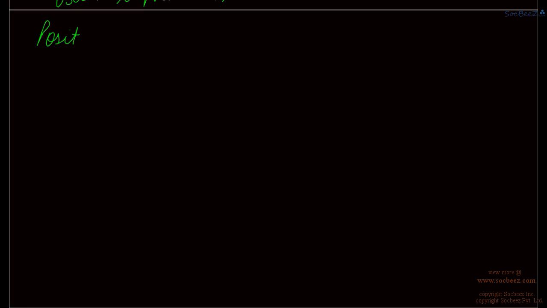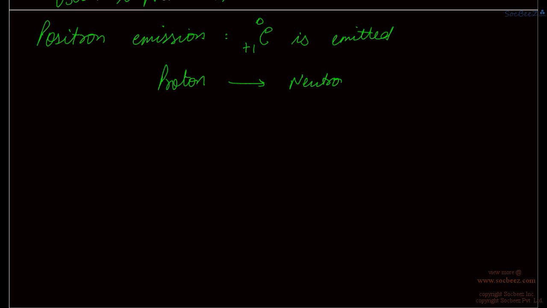So in positron emission, this species is emitted. For example, a proton undergoes change to produce a neutron plus one positron.